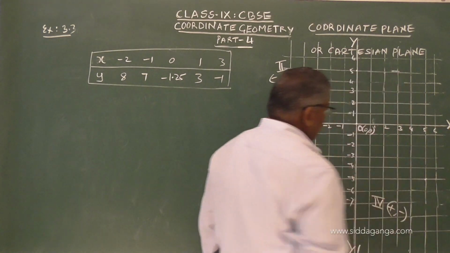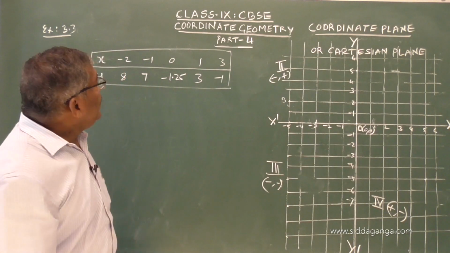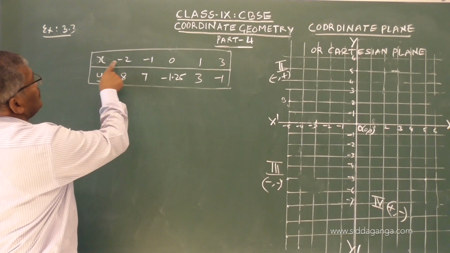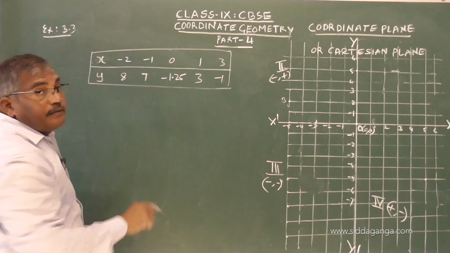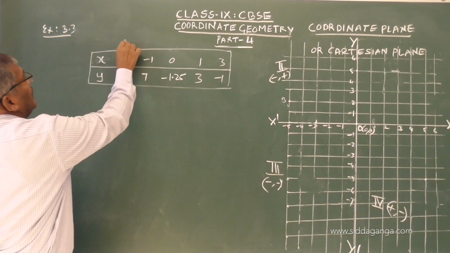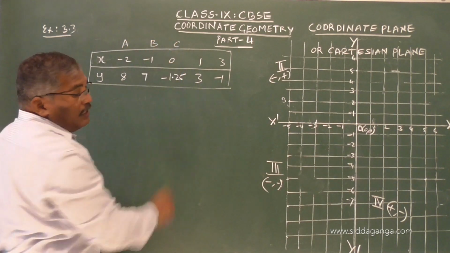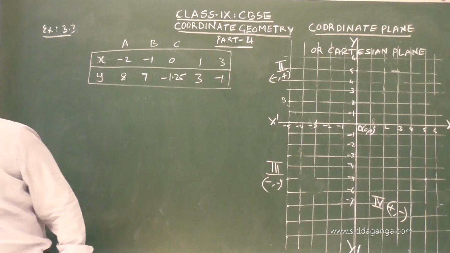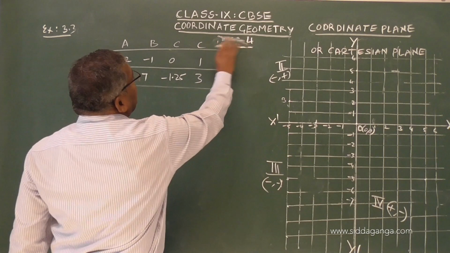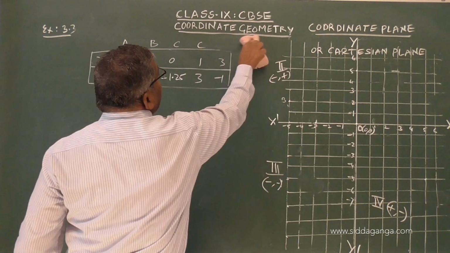In such a case, the meaning of this chart is when x is -2, y is 8. So therefore you can take it like this. You write here A, B, C, give some names to these points, D, and this is E. Point E.